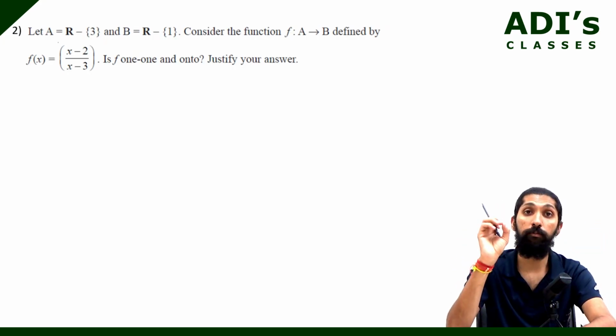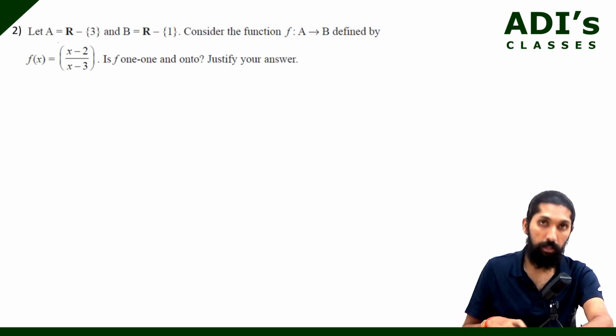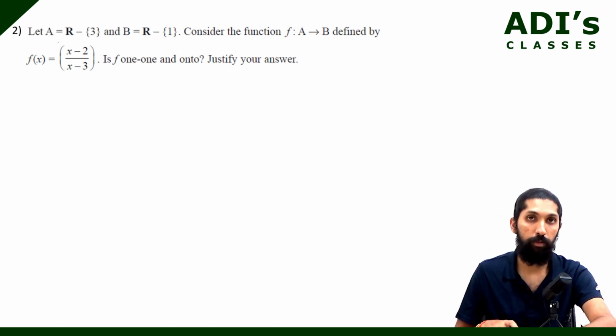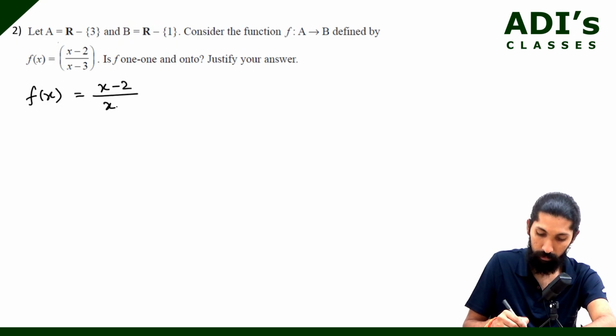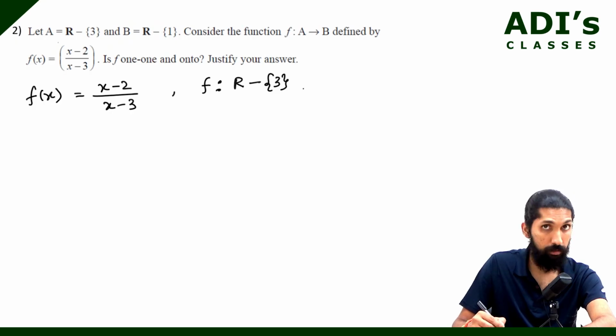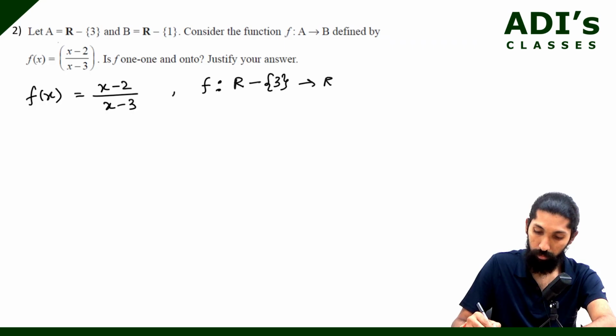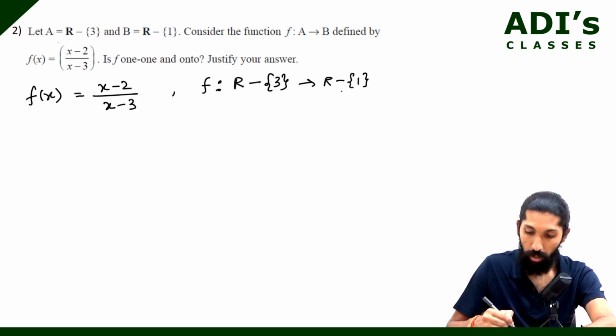First, we'll start with the given function, the given condition, then we'll start with 1 to 1. See here, the given function f(x) is x minus 2 by x minus 3. Remember, the function is from R minus 3 to R minus 1.